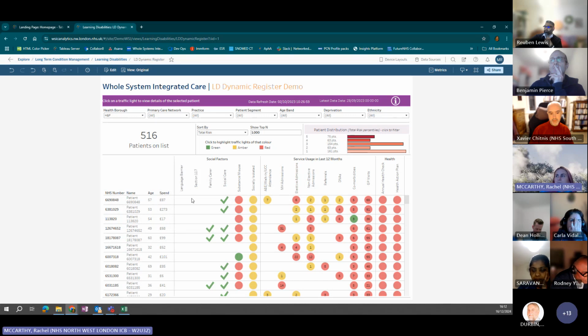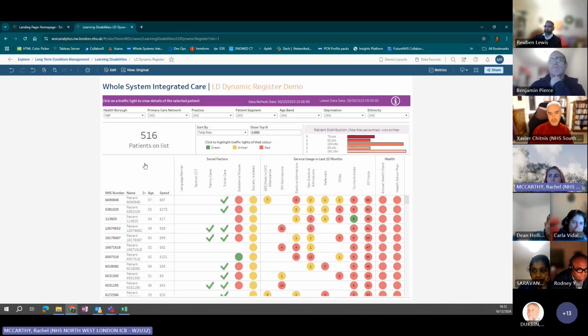And then we split the metrics into 3 key areas for this particular use case: social factors as the first area, then the service usage in the last 12 months, and then finally health checks.